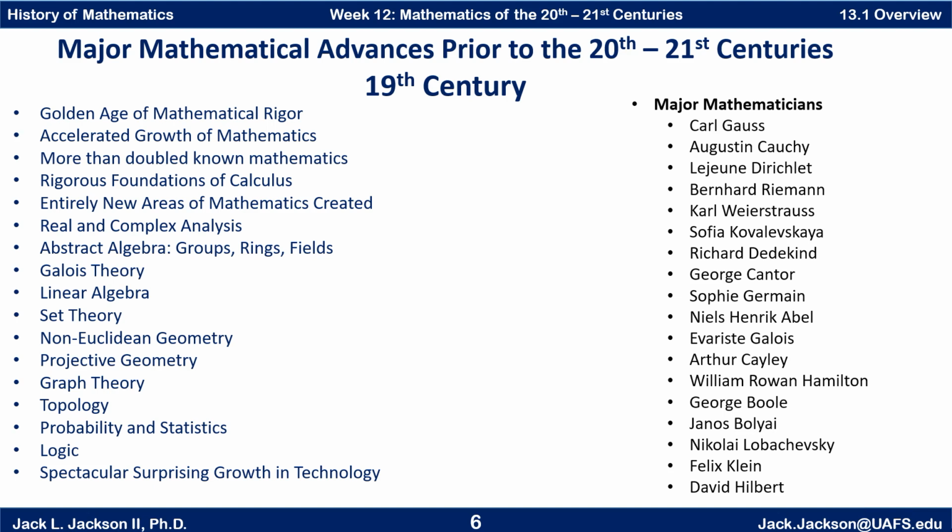The last couple here, Felix Klein and David Hilbert, did a lot of their best work on into the 20th century as well. So this kind of sets the stage for what happened in the 20th century and beyond.